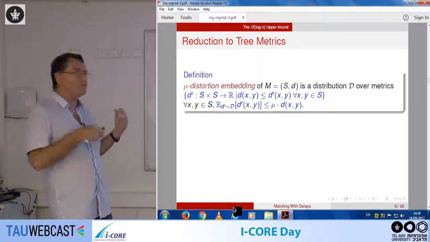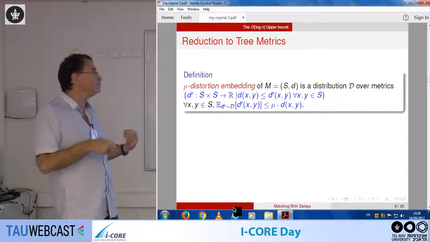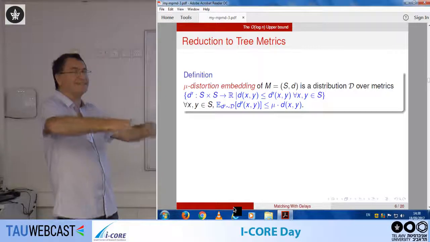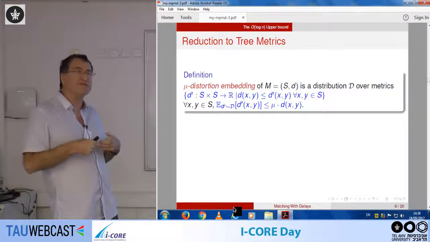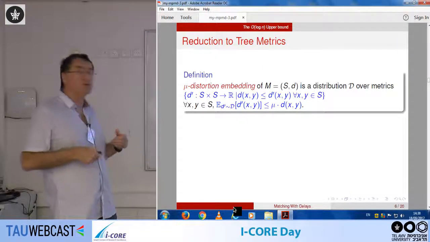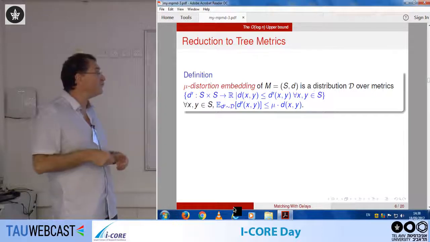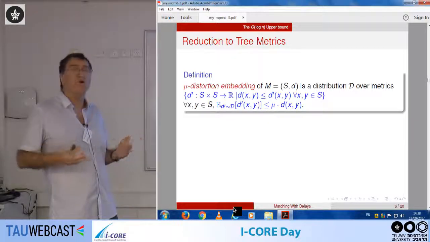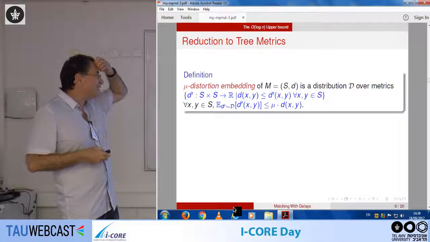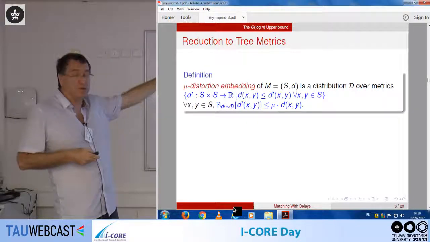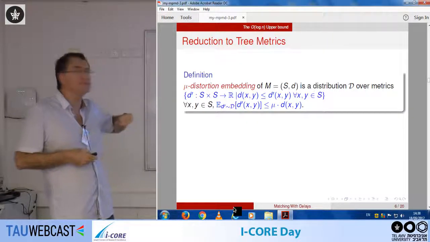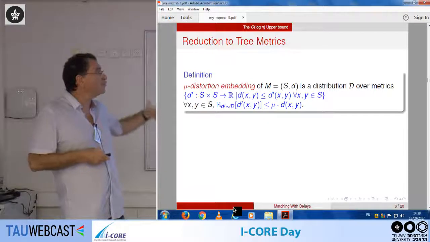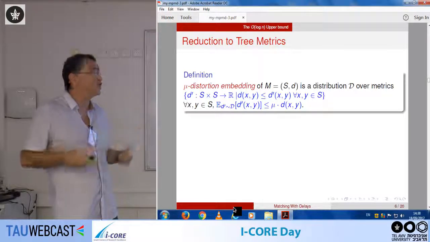First of all, if you want to embed d into d prime, you only need to increase the distances. You cannot decrease them. However, you want not to increase them by too much, by a factor of mu. So mu is the distortion of the embedding. And it's impossible to get a useful deterministic embedding. So therefore, you look at a distribution over embeddings.